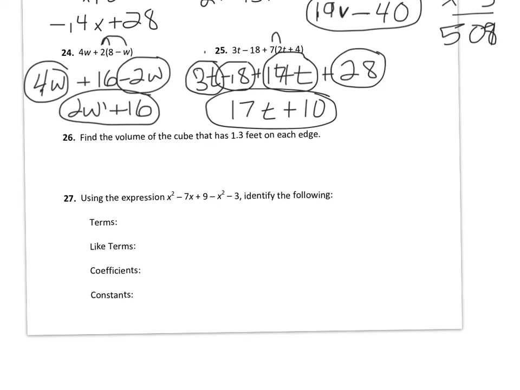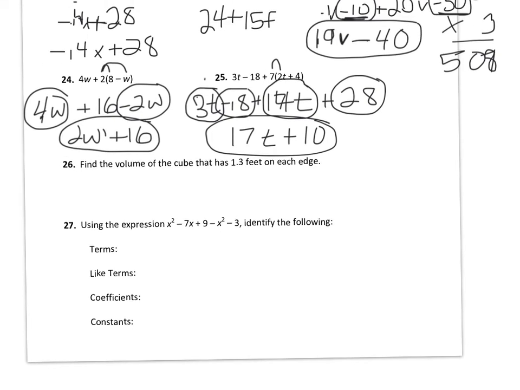On number 26, find the volume of a cube. I'm just going to try and draw a cube here. Here is my cube. And we're going to have 1.3 feet on all sides. So to find the volume, we do length times height times width.